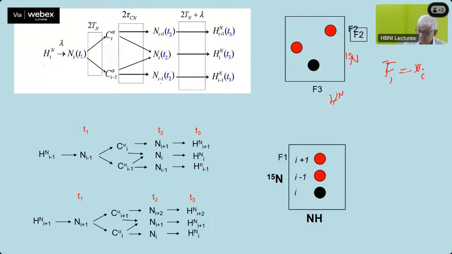Okay, now there is a problem here. This is not right. See, N(I minus 1) to C alpha I minus 1, which is the same as this, and this should be one down, C alpha I minus 2. Then C alpha I minus 2, C alpha I to N(I minus 1), and then it goes C alpha I to N(I). C alpha I minus 2, this will be N(I minus 2).